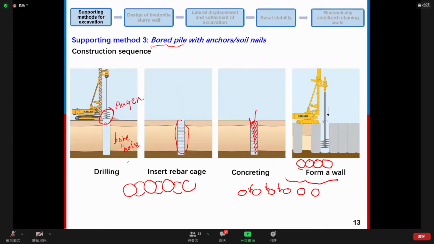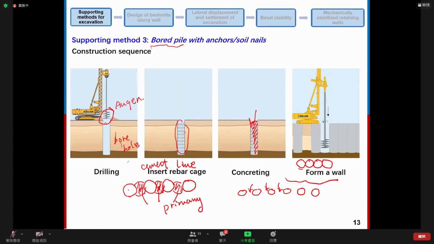So for this kind of section, we call this pile the primary pile, which means we will install this pile first. For this pile, it's not necessary to have a rebar cage. Sometimes we can just mix the soil with cement or lime to form a column.